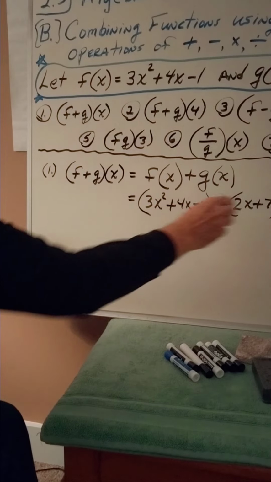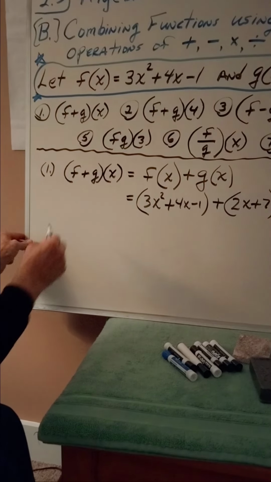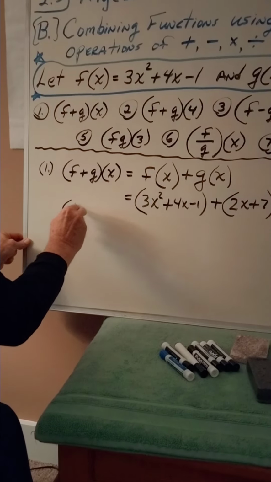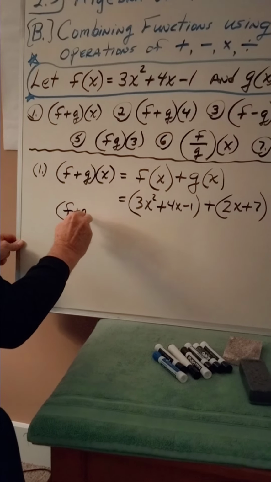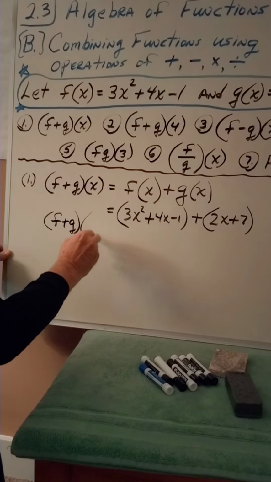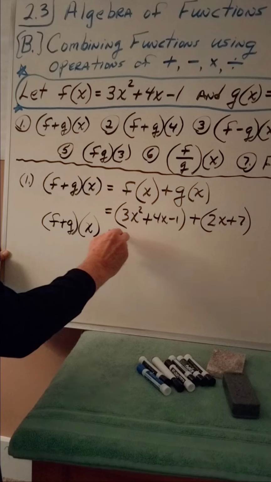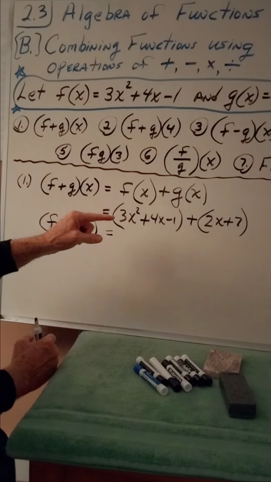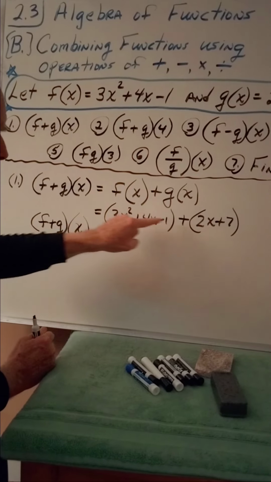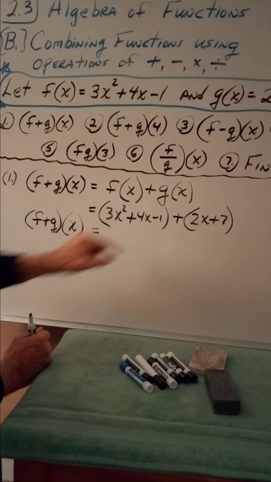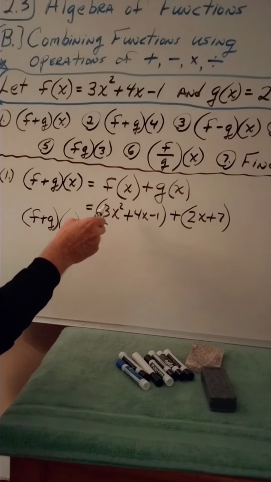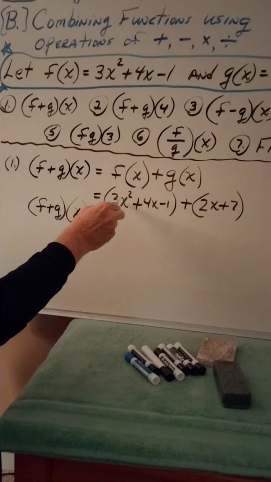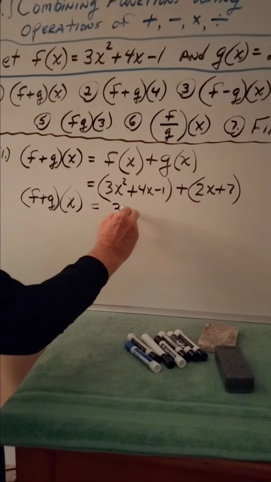When that's written down, now we're going to bring down the value of f plus g when the domain is x is going to be equal to the outcome that we're going to get when we combine those like terms. Now there's only one quadratic term here, so we'll bring down that 3x squared.